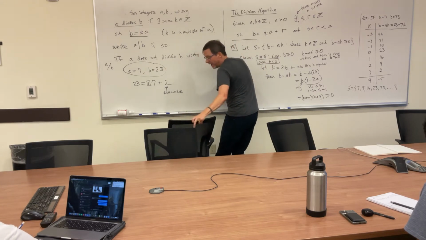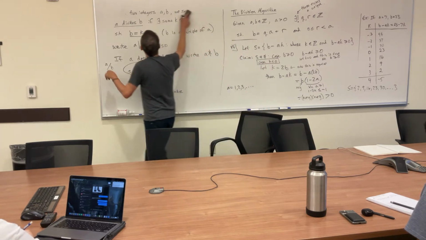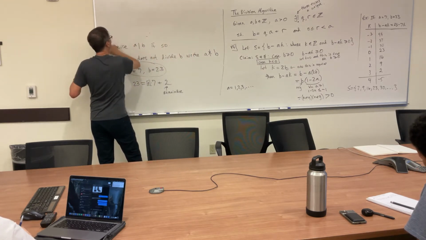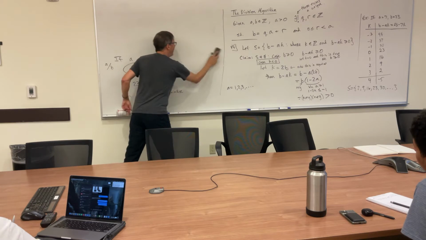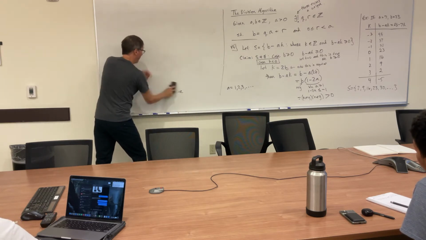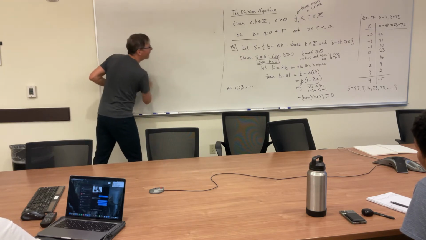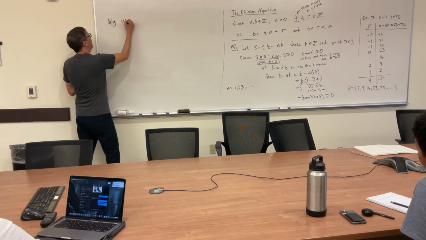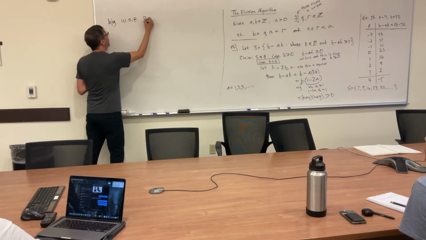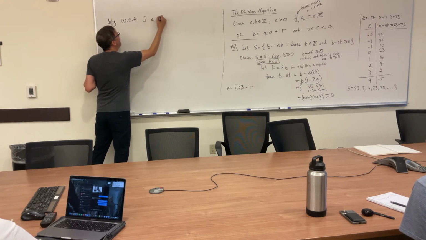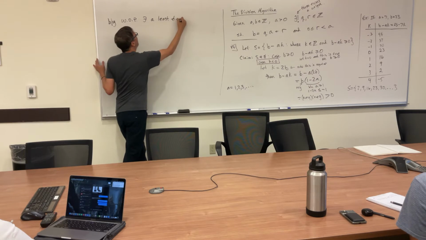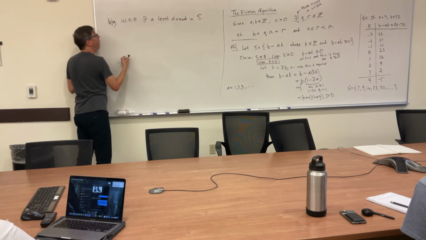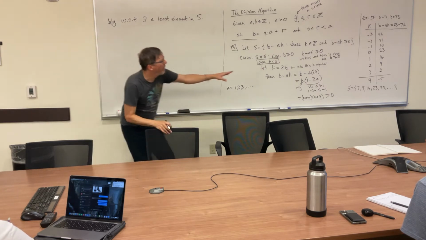S is non-empty. And now we can invoke the well-ordering principle. So by the well-ordering principle, there exists a least element in S. And we're going to call it, what was it over there, Nathan?